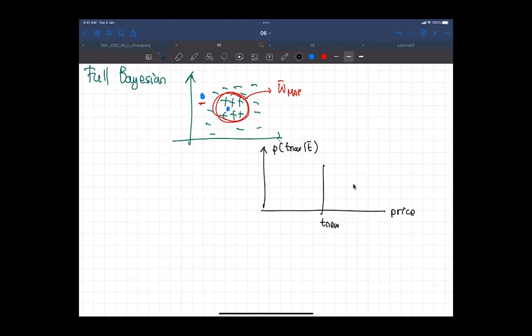And assume that this is T nu from the MAP. And you have a probability function there. So this is your predicted distribution, P of T nu given T bar.